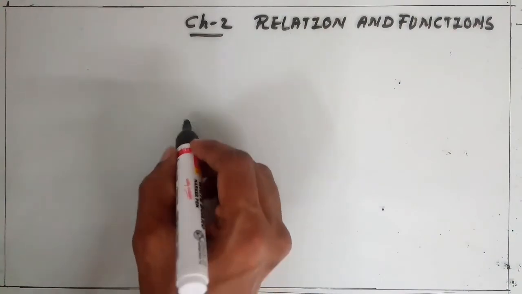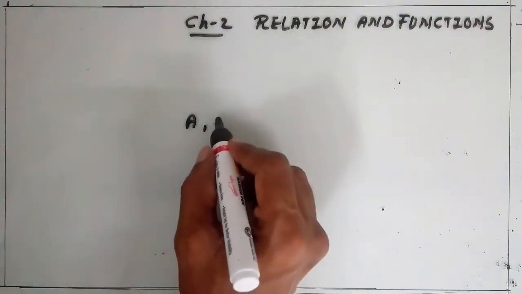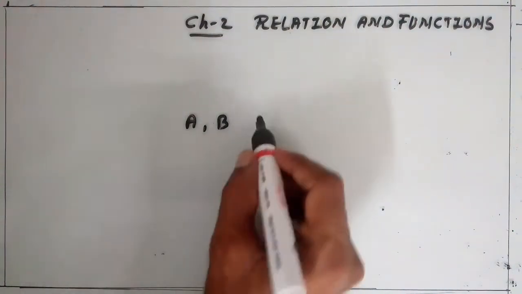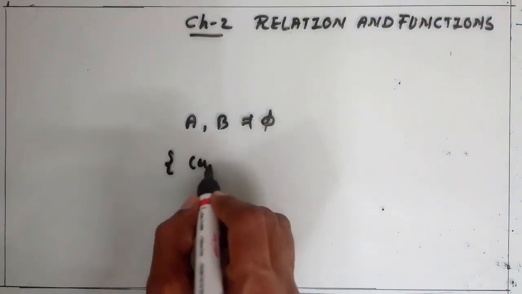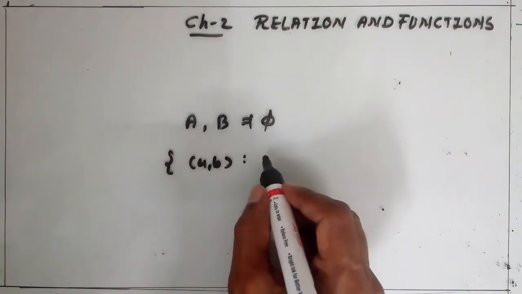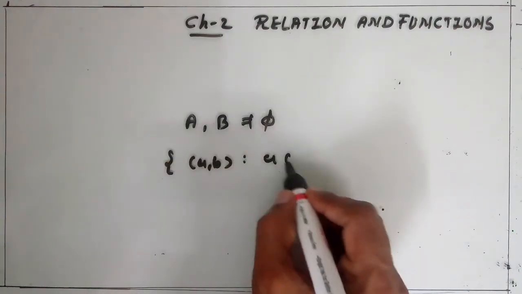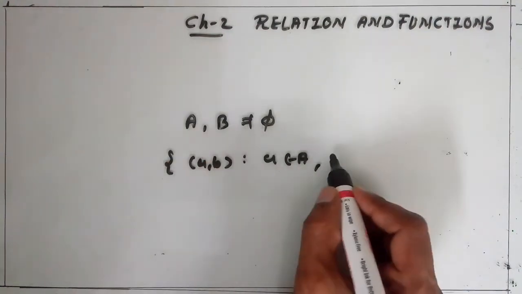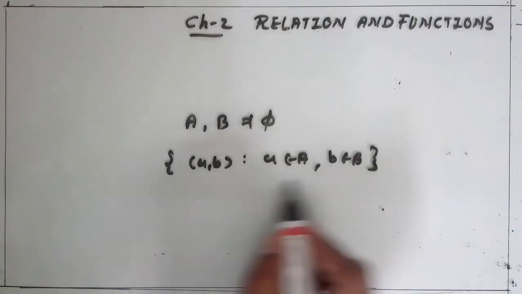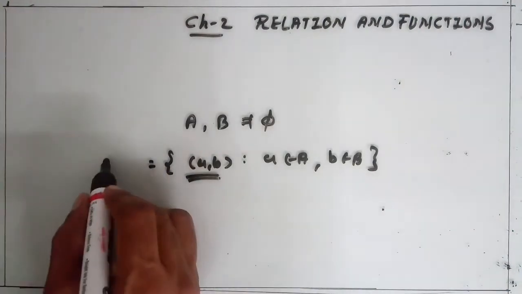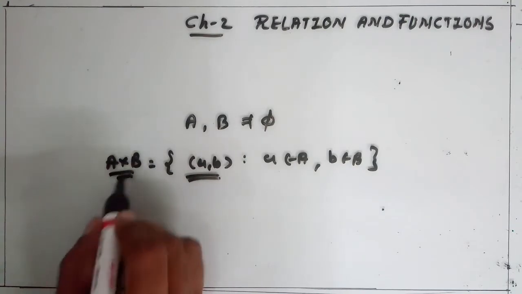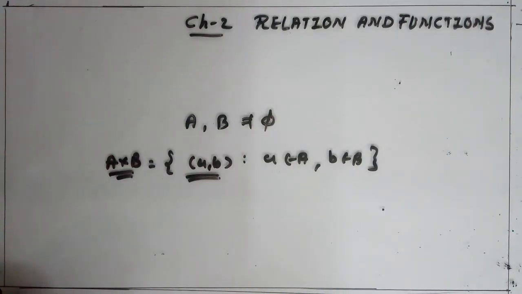For two non-null sets A and B, if A is not a null set and B is not a null set, then the set of all ordered pairs (a, b) in such a way that the first element a is an element of set A and the second element b is an element of set B, this set of ordered pairs is called the cross product of A and B, Cartesian product of A and B, and is denoted by A cross B. Remember this, clear?